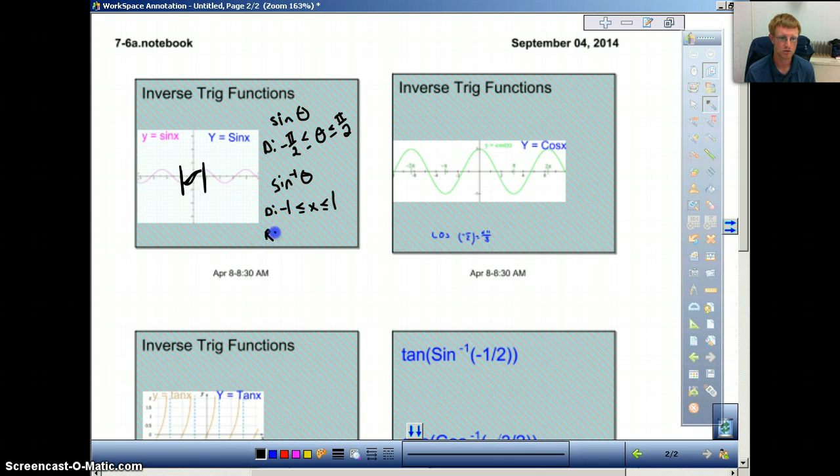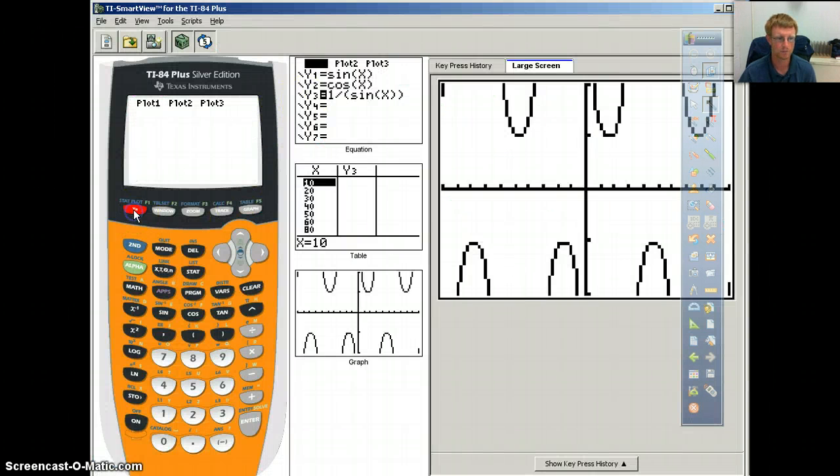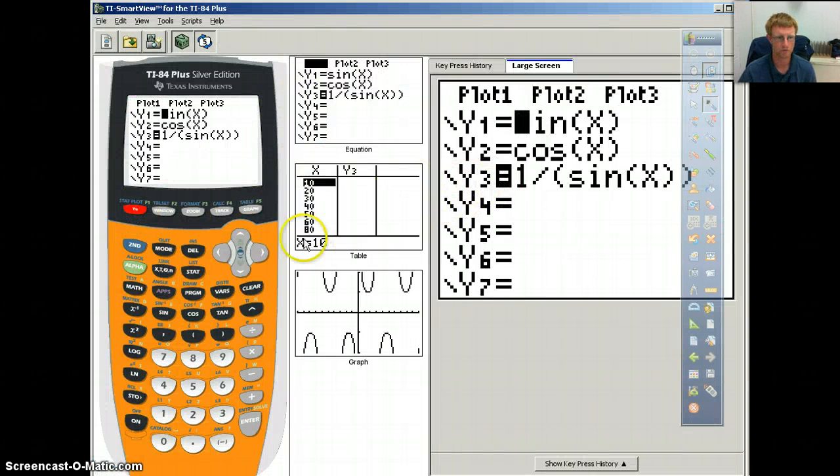And the range is going to be the exact same thing as the domain, except now it's going to be with a y value instead. So we have negative pi over 2 is less than or equal to y, which is less than or equal to positive pi over 2. And again, we can show that on the graphing calculator. I'm going to get rid of the one that's already here.